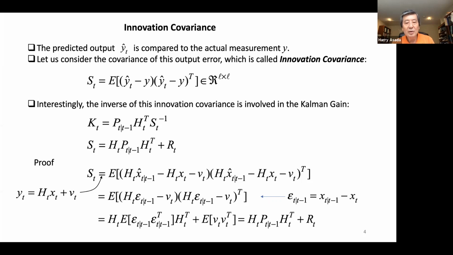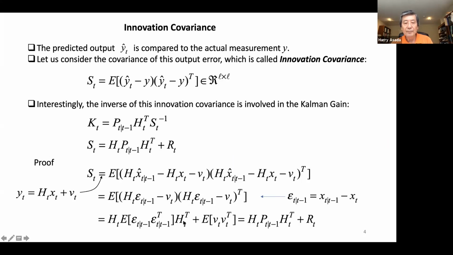So, by expanding this, all you have is Ht times the expectation of epsilon t given t minus 1, the a priori error, times its transpose times Ht transpose. This other part is vt vt transpose, which by definition is the sensor error covariance, Rt. And this part is, by the definition of Pt given t minus 1, given by this.